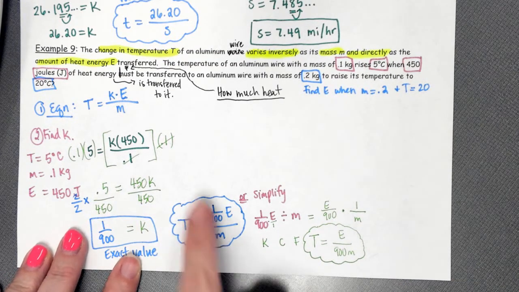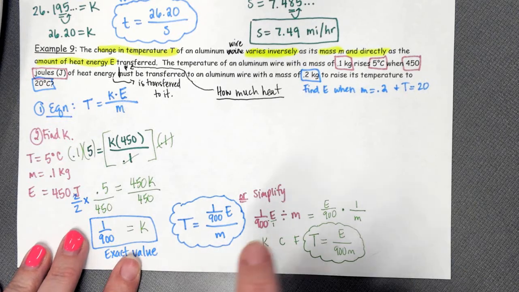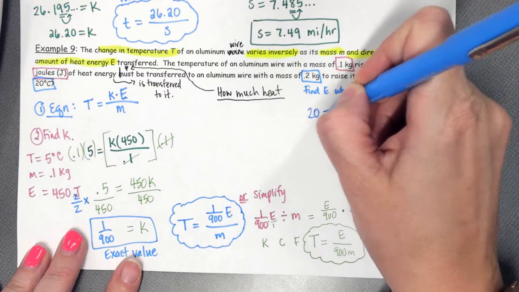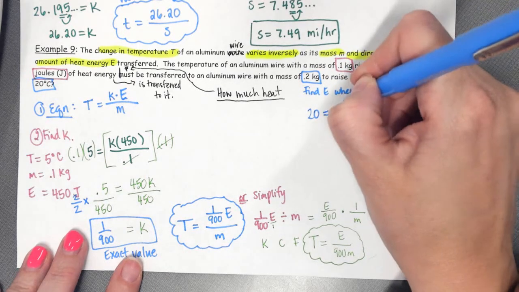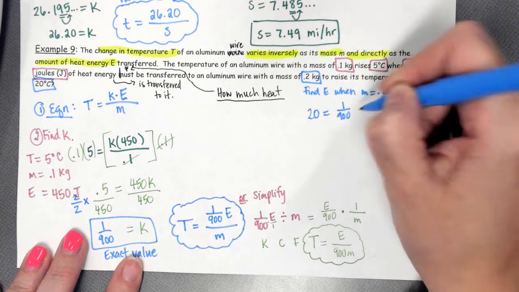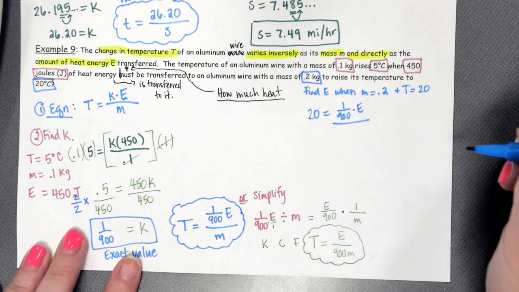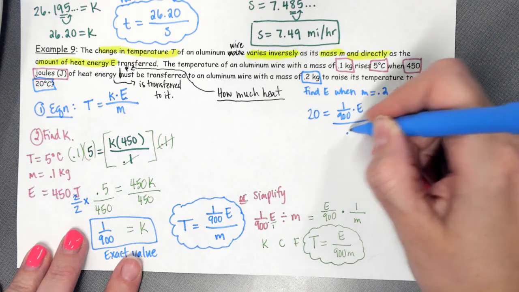I think most of you, when you're doing this, will plug it into this formula so we can practice solving that. So 20 equals 1 over 900, and then we're finding E, so it's just times E divided by 0.2.